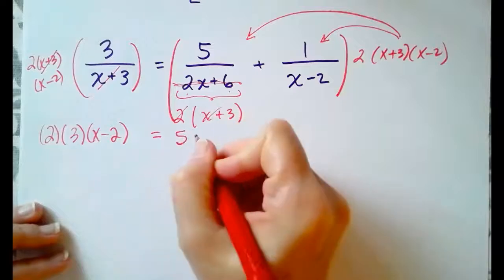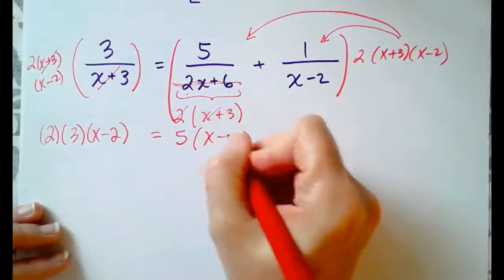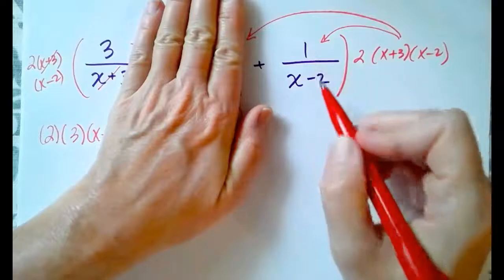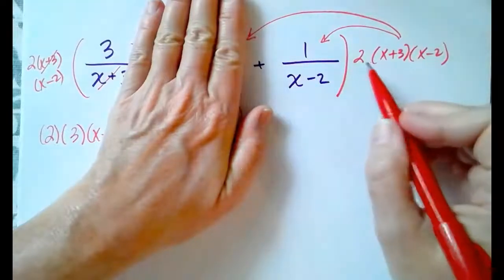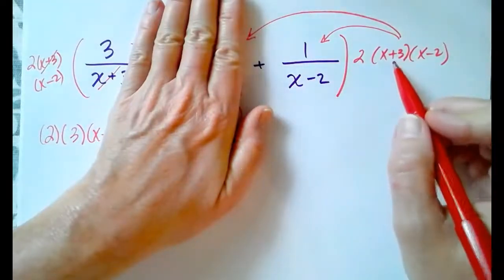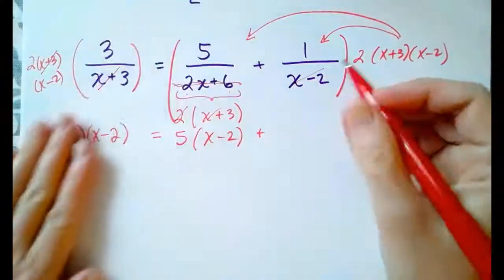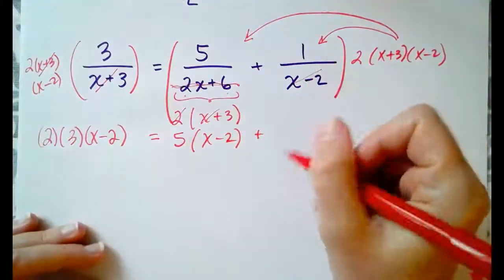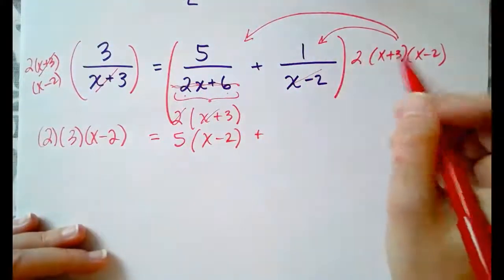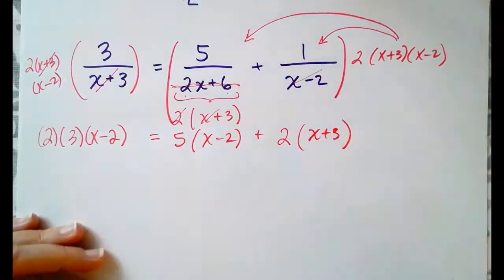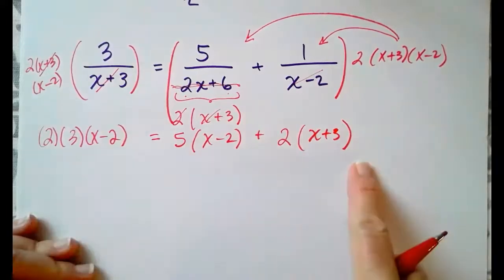So 5 times x minus 2, plus 1 over x minus 2 times x plus 3 times x minus 2. The x minus 2's cancel, and we're left with 1, which we don't have to write, times 2 times x plus 3. So utilizing the common denominator just took us to this.